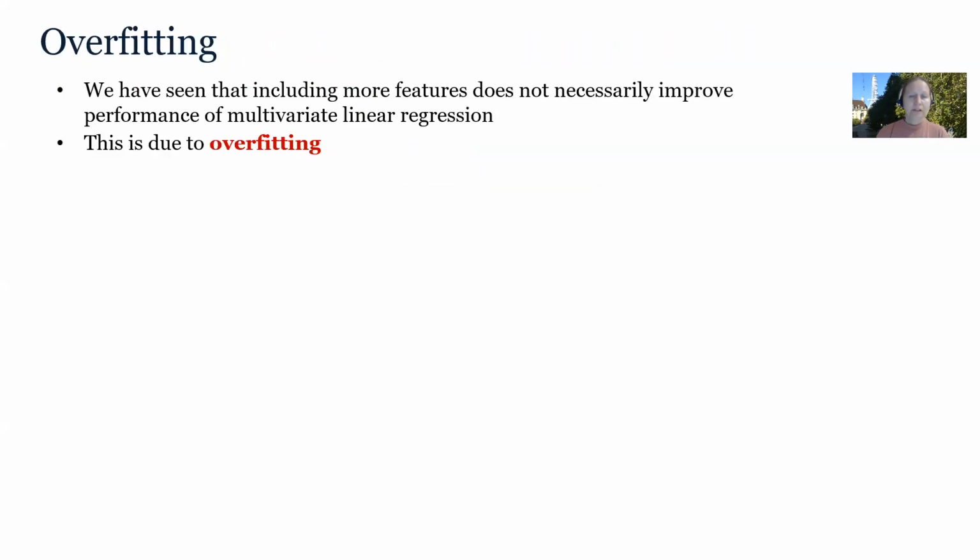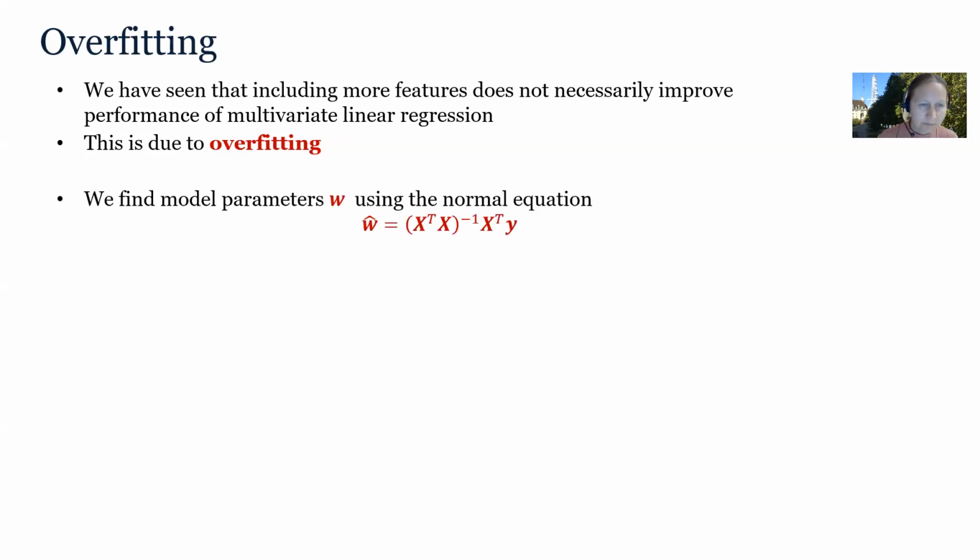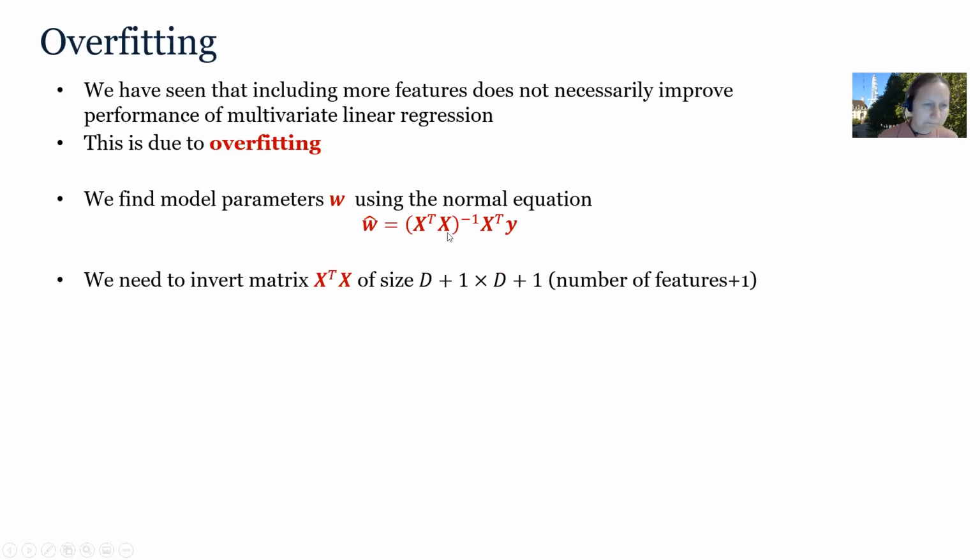So we have seen that including more features does not necessarily improve the performance of multivariate linear regression, and this is due to overfitting. So how many features or samples should we have, what is ideal? Let's think about that a bit more in depth. So we know that we need to find the model parameters W using the normal equation, and we need to invert this matrix X transpose X to do that.